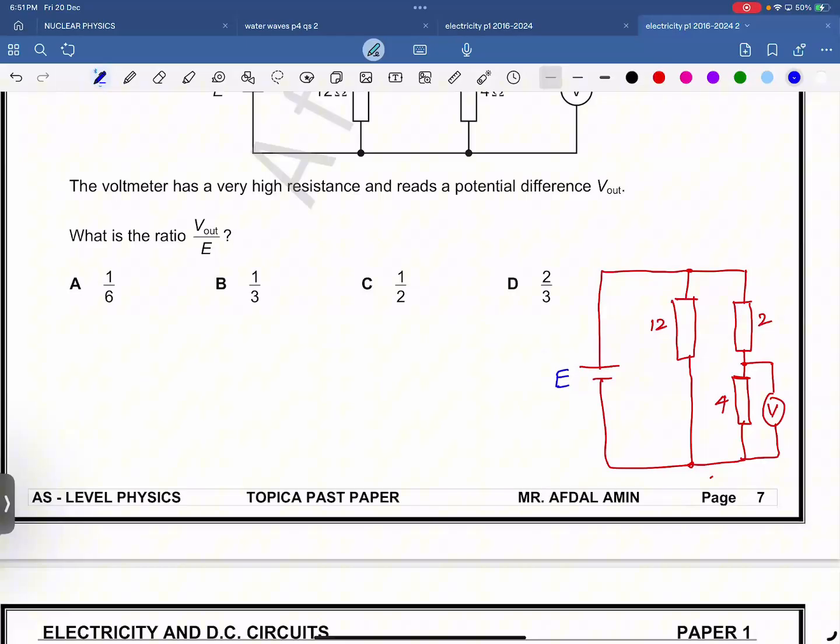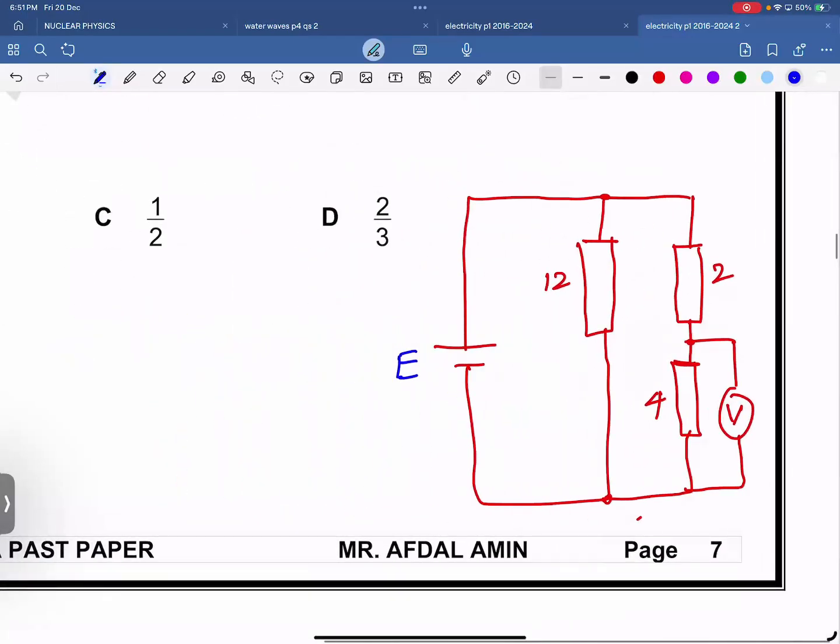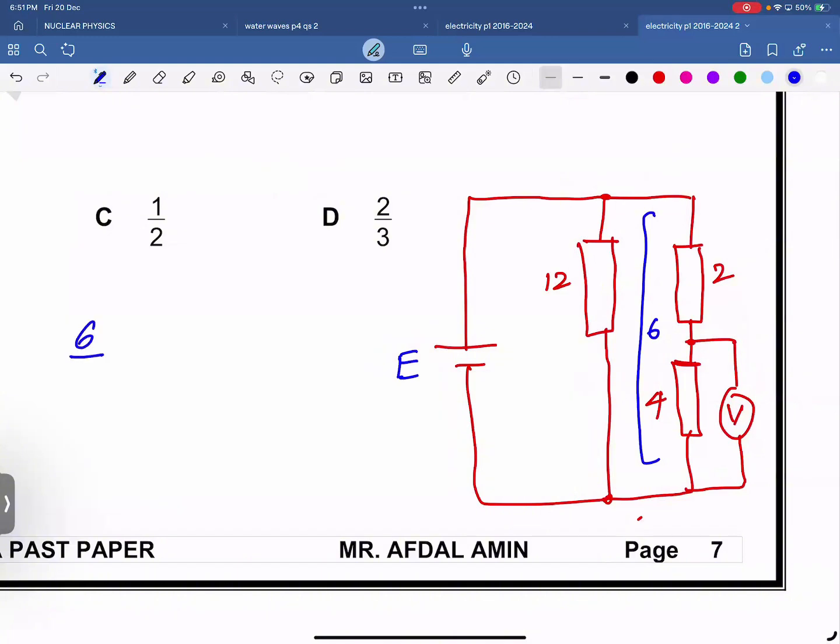Why? Because it is so easy. For the EMF, use the potentiometer rule. What is the total? 6. We say V1 over V2 is equal to R1 over R2.